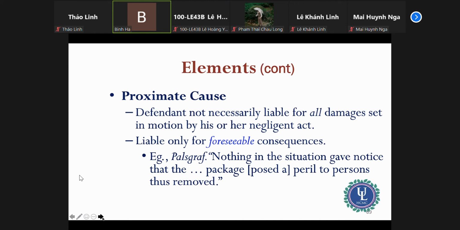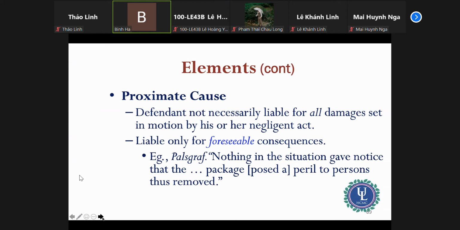That passenger tried to jump into the train when it was about to leave, and he dropped his bag onto the platform, and inside his bag there was an explosive chemical. When he dropped his bag, the chemicals exploded and caused injury to someone who was standing on the platform.